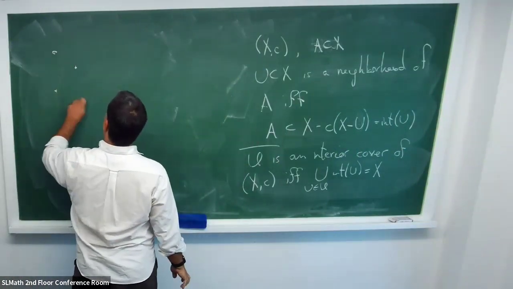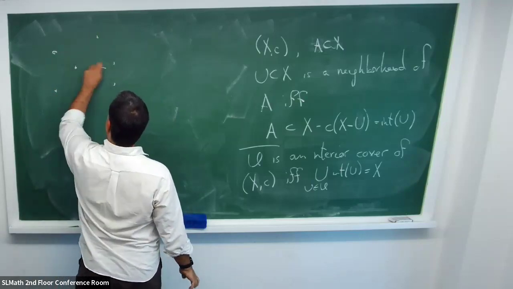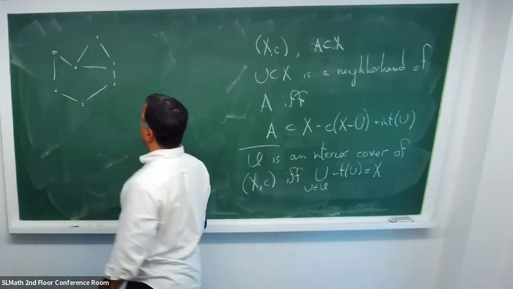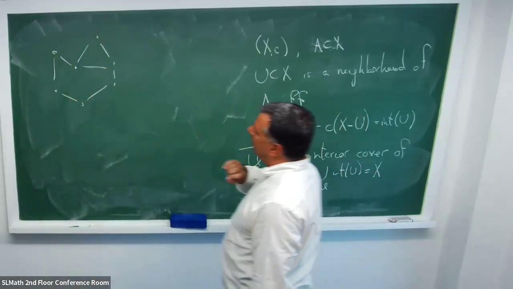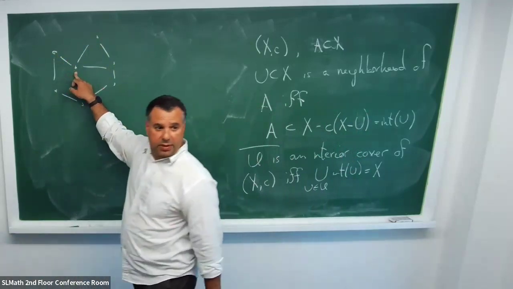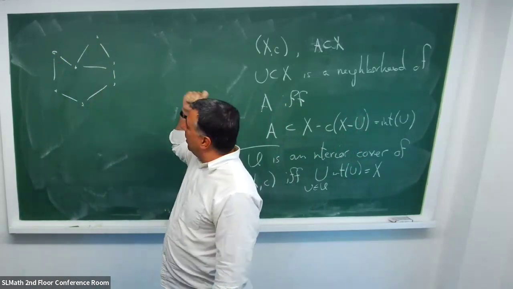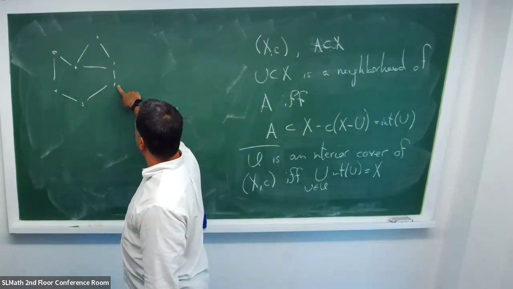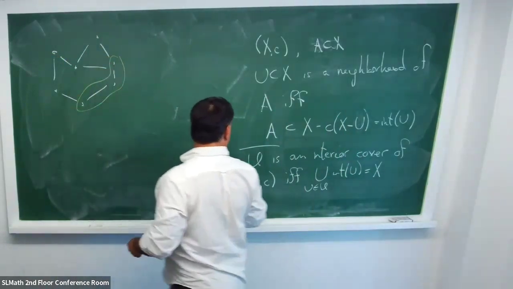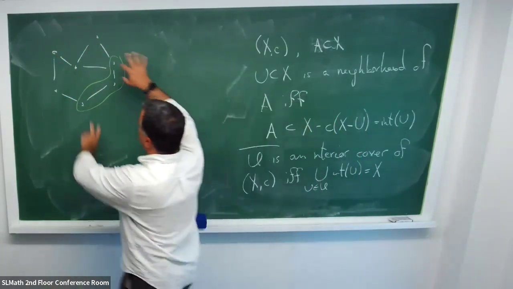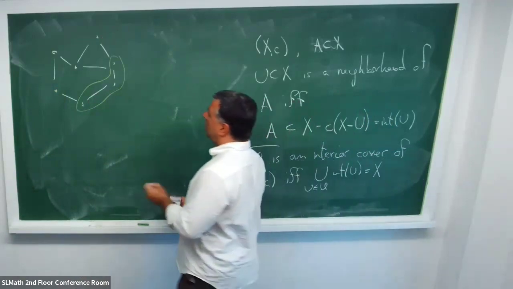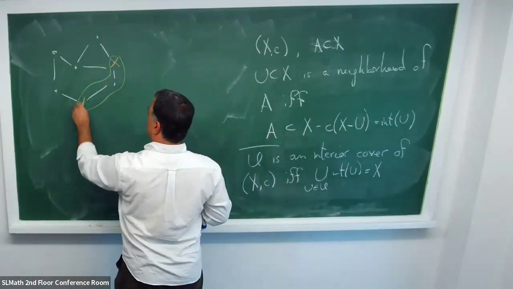Let's go back to graphs. I'm going to claim first that the star of any point is a neighborhood of that point. In fact, it has to be a minimal neighborhood of that point. So let's just do that. Let's take this point and its star, these guys. The complement is everything outside. The closure of the complement will kill these points.